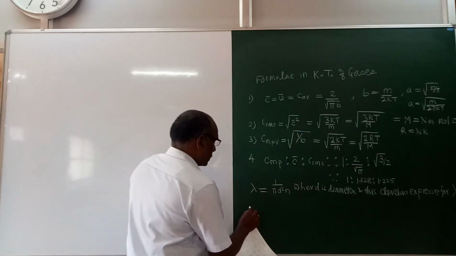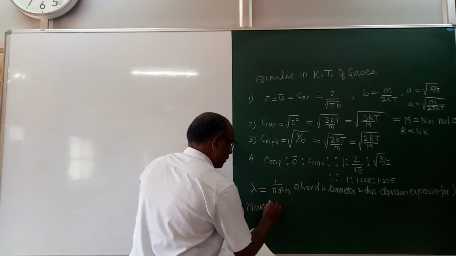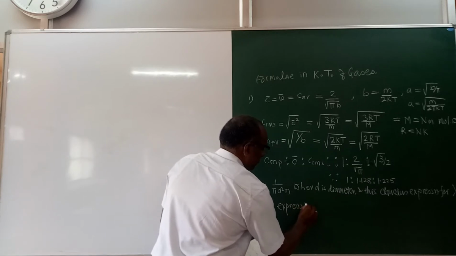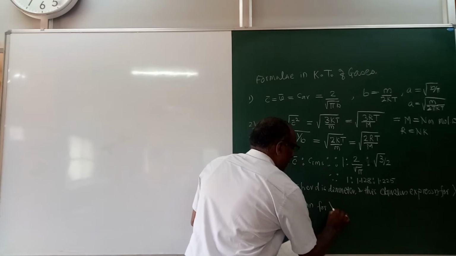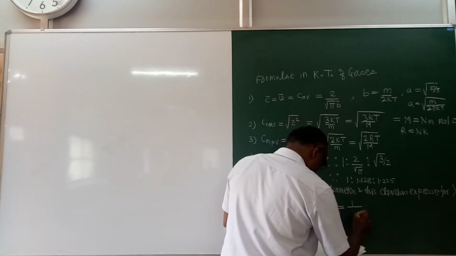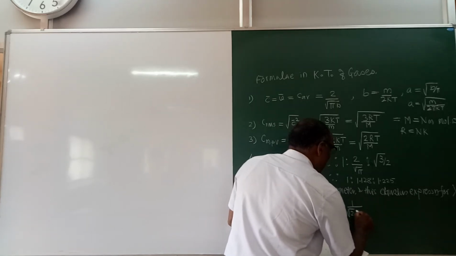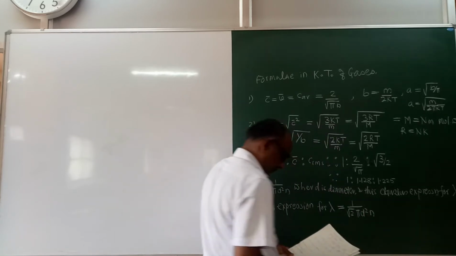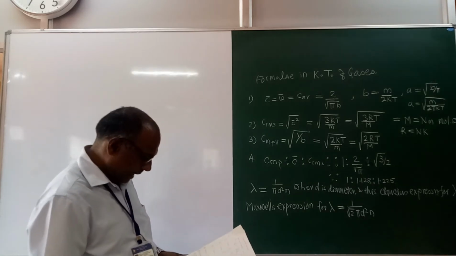Maxwell's expression for lambda is equal to 1 divided by root 2 pi d square n, where d is the diameter.